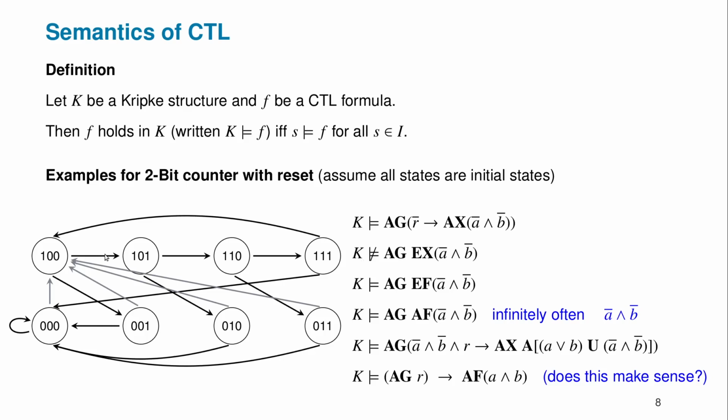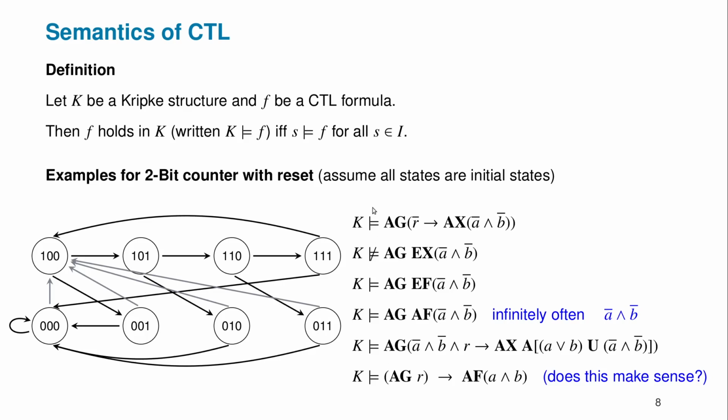And if the reset bit becomes 0, then the other 2 bits are reset to 0. Yeah? So whenever we are in any state where the first bit is 1, and we get to a state where the first bit is a 0, then we return either to state 0, 0, 0 or 1, 0, 0.